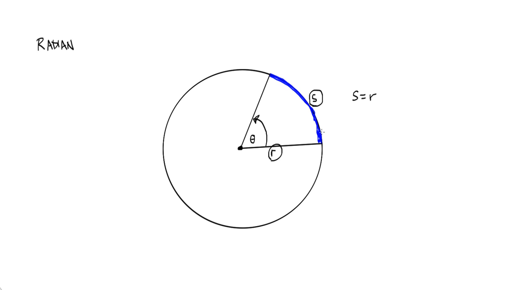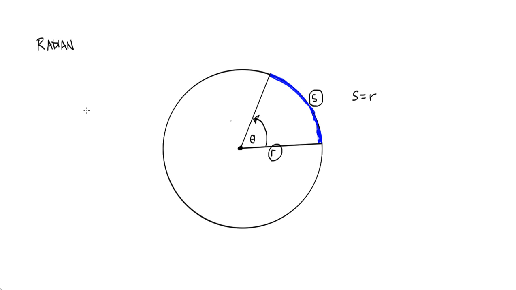That's the definition of what a radian is. So again, a radian is the measure of a central angle that intercepts an arc that has the same length as the radius. That would be the definition in words. One more time: a radian of measurement is the measure of a central angle that intercepts an arc that has the same length as the radius.